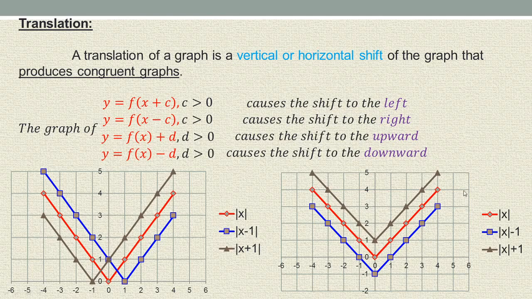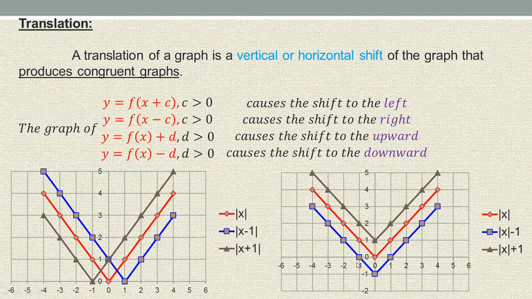Now we'll look at the upward and downward direction. Red color is the basic. So here f of x is modulus x, and here modulus x minus 1. So minus 1 is outside the function. f of x minus 1. So it will be under the fourth function, y is equal to f of x minus d. So it causes the shift to be downward.